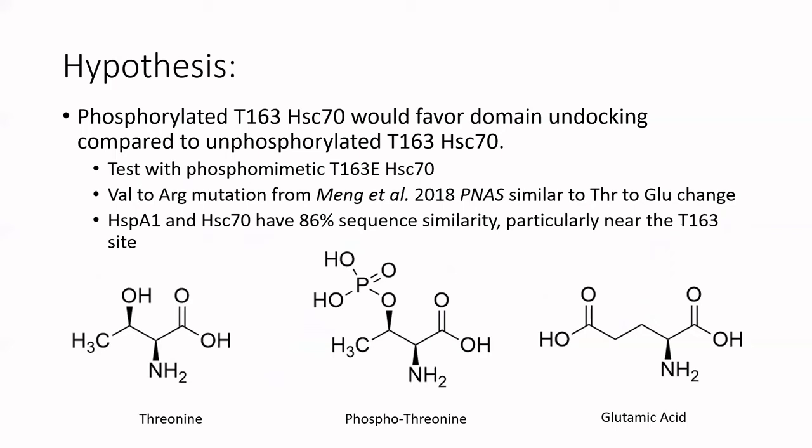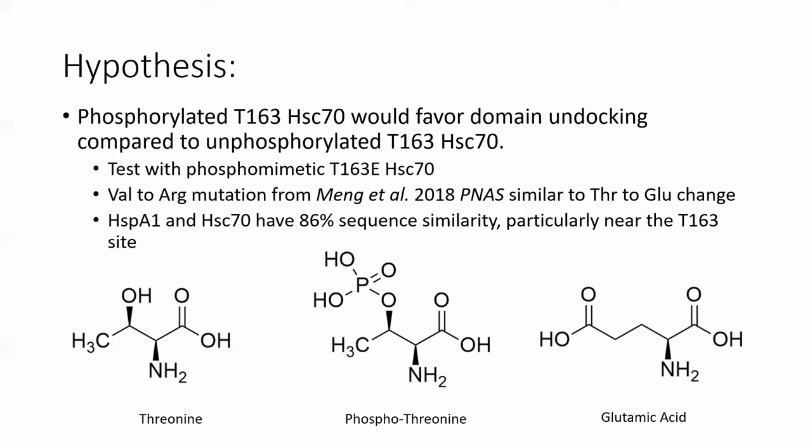This hypothesis was further informed by the Main et al. 2018 PNAS paper released by this lab that found that a V163R mutation in HSPA1 caused a protein to favor the undocked state. This V163R mutation might be similar to threonine becoming phosphothreonine, since in both cases the 163 residue is increasing in size and gaining more charge, despite the fact that arginine and phosphothreonine are oppositely charged.